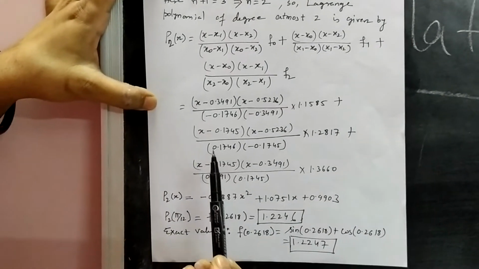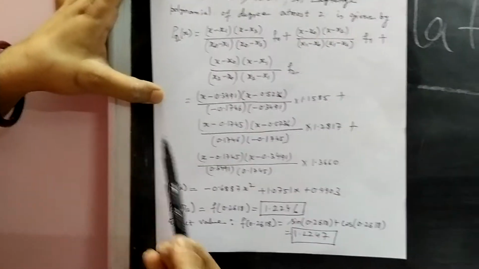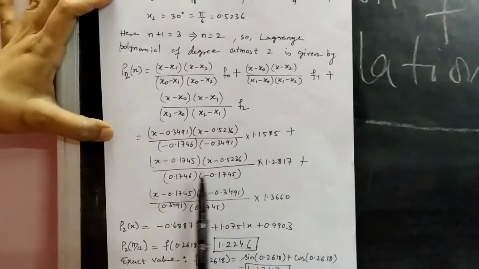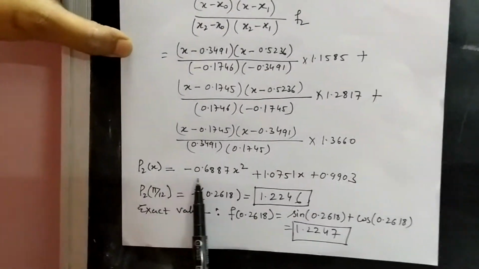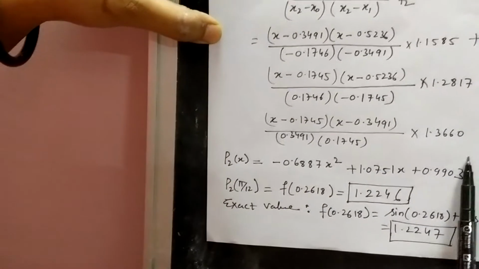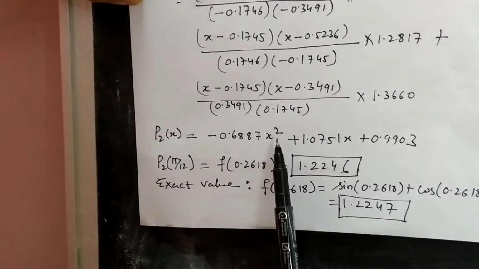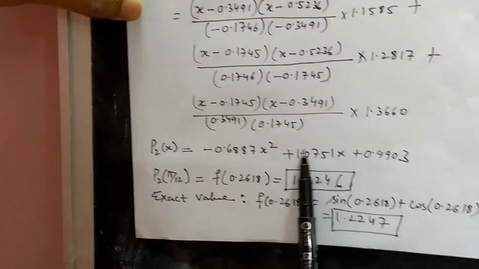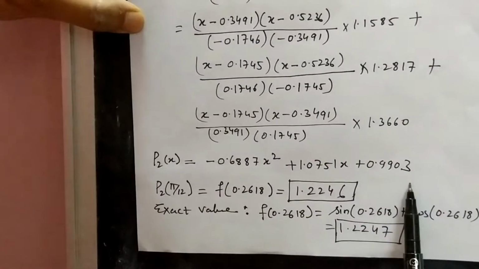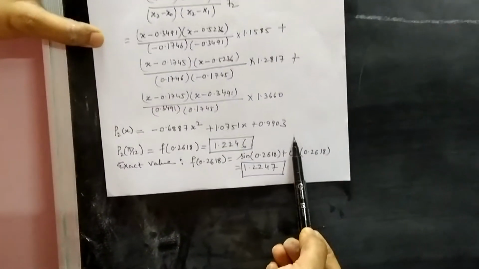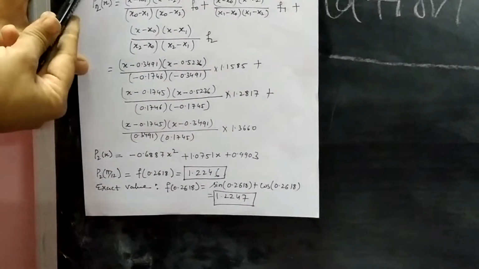In the examination also a programmable scientific calculator is allowed, so you can use this. Simplifying, we get p2(x) something like this. After simplification you will get this polynomial of degree at most 2, that is the quadratic polynomial. So this is the Lagrange polynomial we have obtained corresponding to the given data.